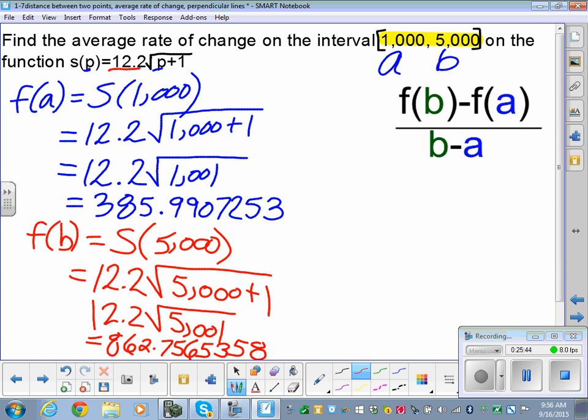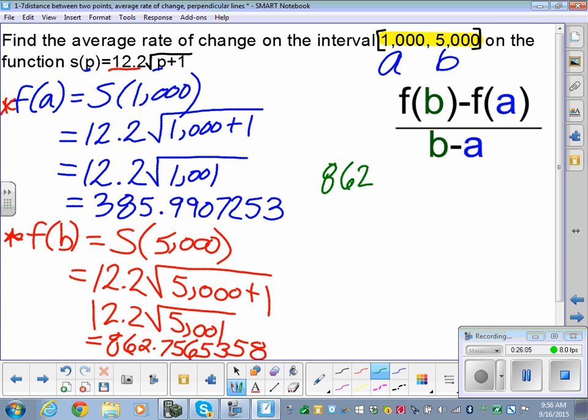Yes. Okay. Did we find f of a and f of b? Do we have a and b? Yes. So now we can go through and plug it into our formula. So f of b, you have to use the whole decimal, 862.7565358. Make sure you don't do f of a minus f of b. It's f of b minus f of a.